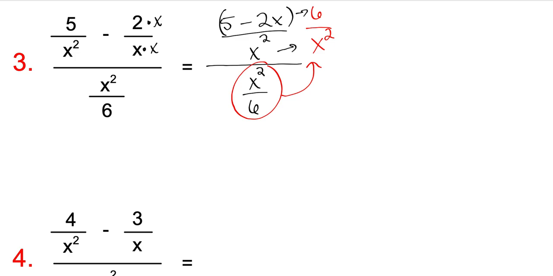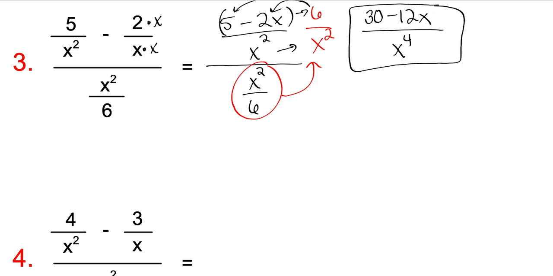So the 6 will have to distribute into that binomial there. So it would be 30 minus 12x over x squared times x squared is x to the 4th, okay? So that is our answer after we simplify that down. So that was kind of nice where we didn't have to simplify anything, but we did have to combine the numerator. All right?